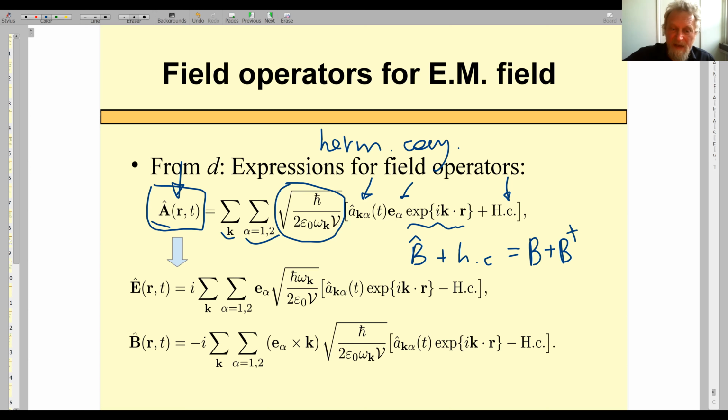Please pay attention that this works on this operator. So, in fact, the vector of polarization also gets conjugated if it's complex. If it's a complex vector, it makes a difference.